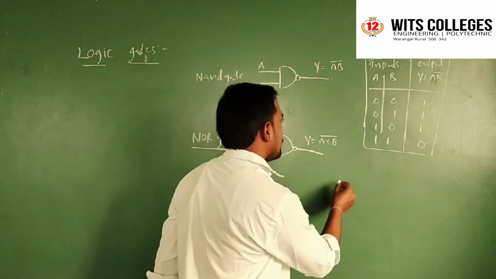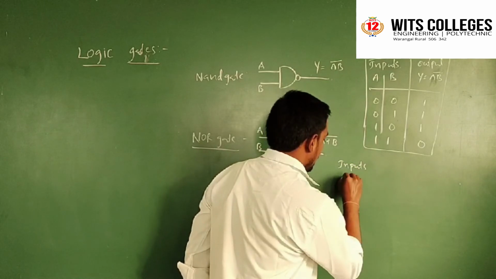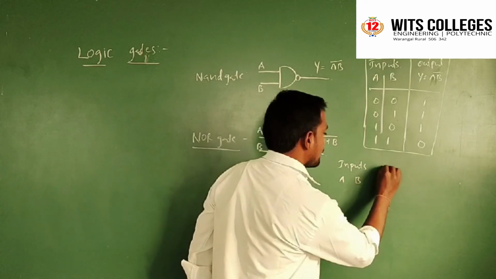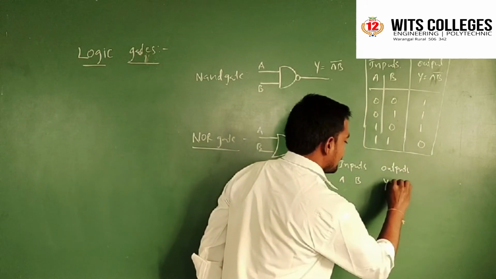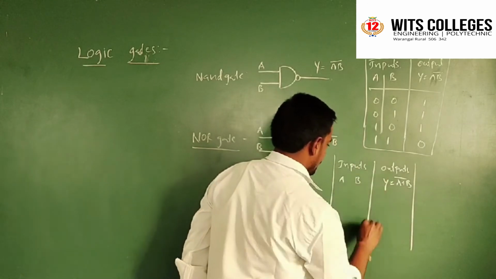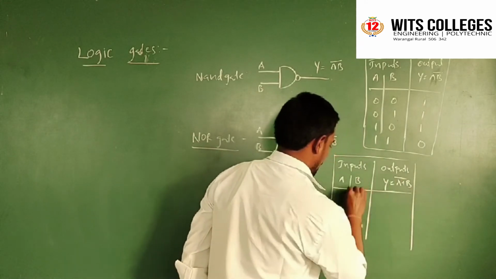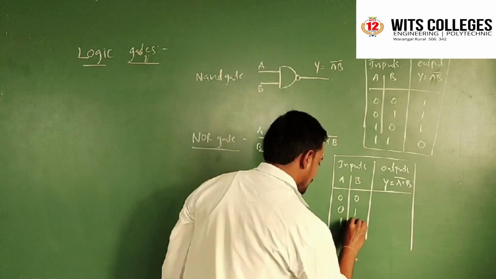And for this we will get inputs A and B, and the output Y is equal to (A plus B) whole bar, with the combinations 0 0, 0 1, 1 0, 1 1.